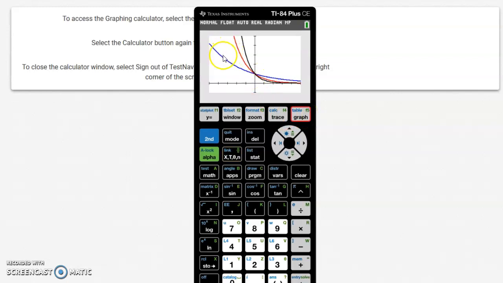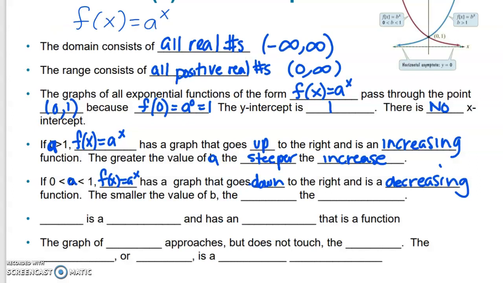So the smaller the value of b, the black line is the smallest value of b, has a steeper decrease. The smaller the value of the base, I keep saying b, but the base, the steeper the decrease.